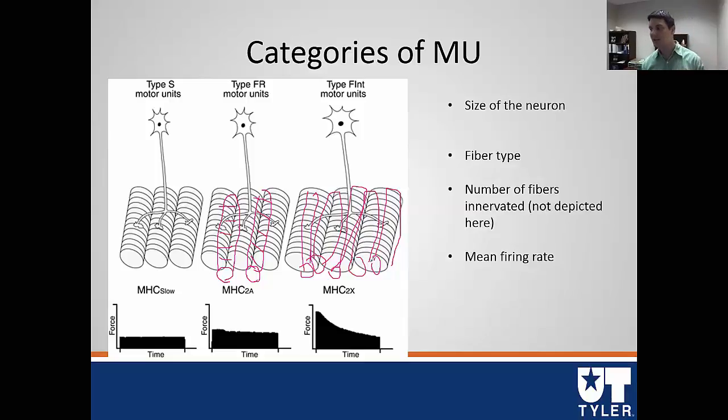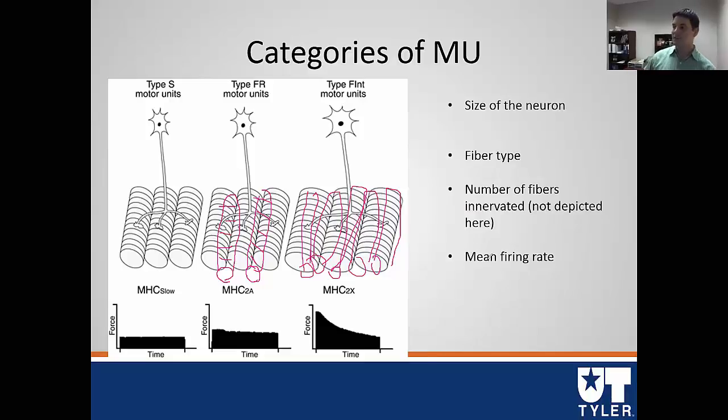So again, number of fibers innervated: slow motor units innervate a small number of fibers. The larger the neuron, the fiber type becomes fast, and they will be even greater. So here, an example from 3 to 5, and then to around 7 or 8 in these larger motor units.